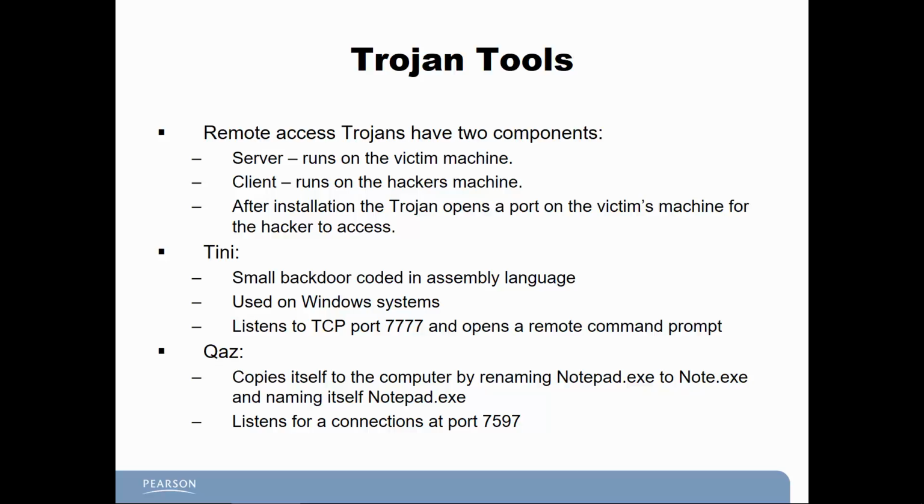Other things might be Tini, which is a small backdoor code in assembly language. It's normally used on Windows systems, and it listens on TCP port 777, allowing for opening a remote command prompt that, again, will allow us to bypass typical authentication.